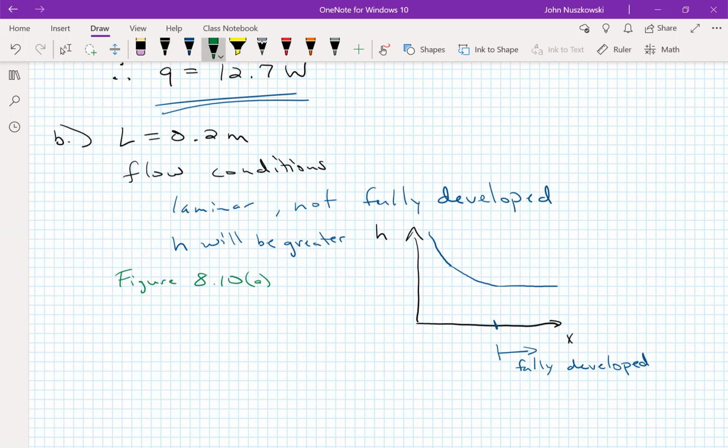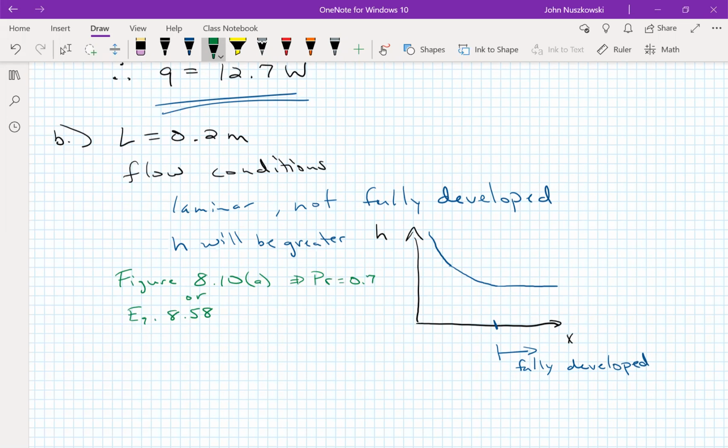Let me go grab the equation number here. 8.10 works because we have a Prandtl number of 0.7. 8.58 works at all kinds of different Prandtl numbers. So those two places would work for this problem.